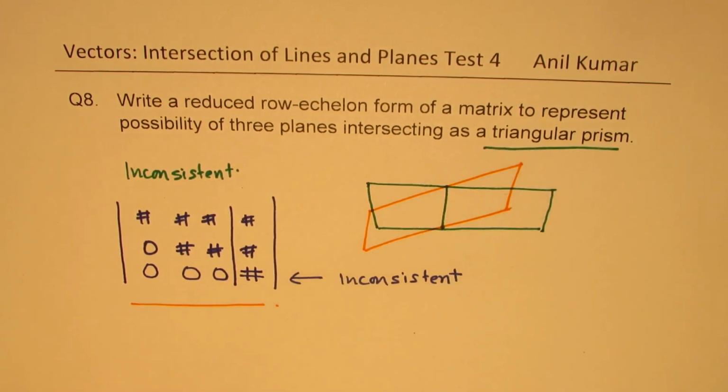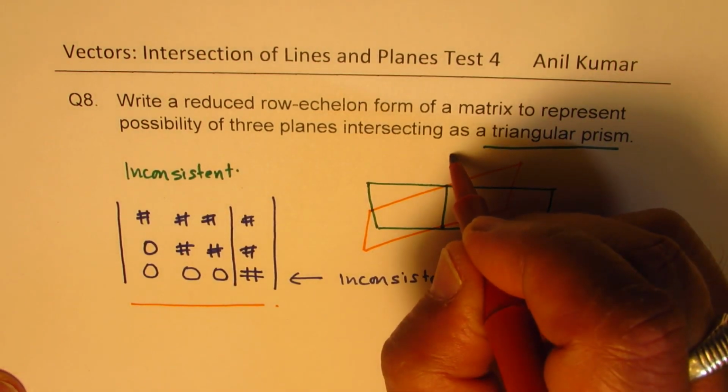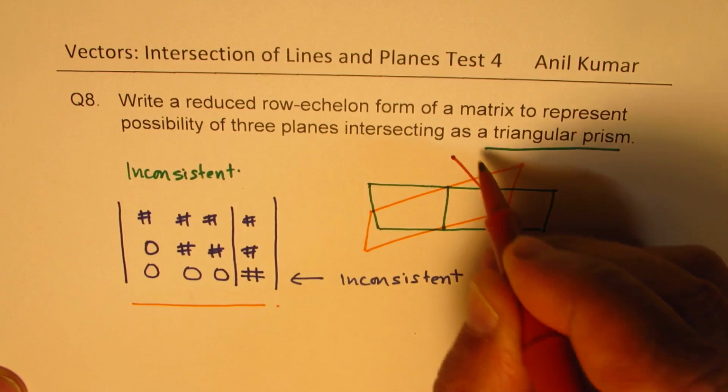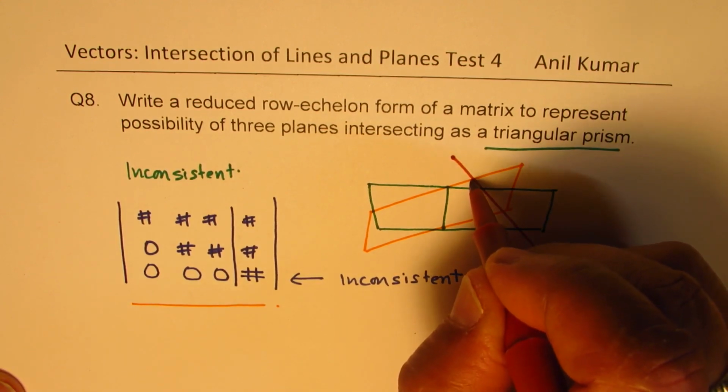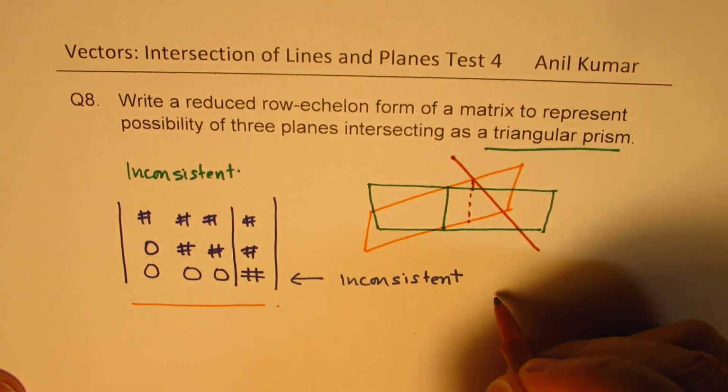However, the third plane does not intersect at this line. The third plane intersects in a line parallel to both these, but at a different location.